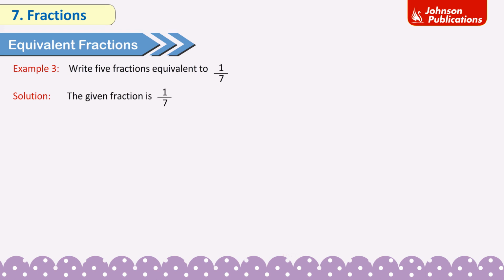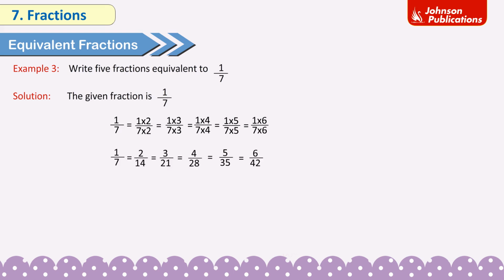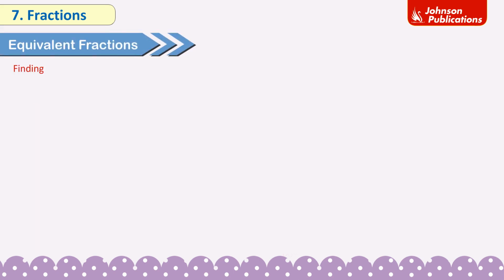The given fraction is 1/7. 1/7 is equal to 1 multiplied by 2 divided by 7 multiplied by 2, is equal to 1 multiplied by 3 divided by 7 multiplied by 3, is equal to 1 multiplied by 4 divided by 7 multiplied by 4, is equal to 1 multiplied by 5 divided by 7 multiplied by 5, is equal to 1 multiplied by 6 divided by 7 multiplied by 6. 1/7 is equal to 2/14 is equal to 3/21 is equal to 4/28 is equal to 5/35 is equal to 6/42.